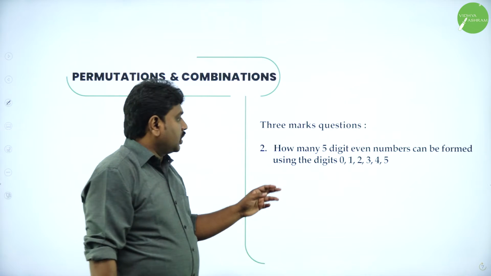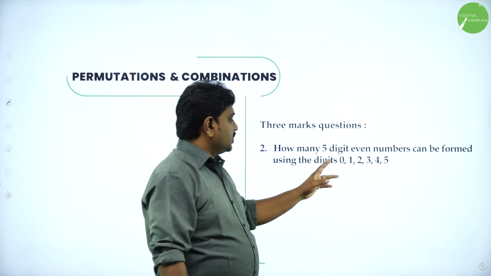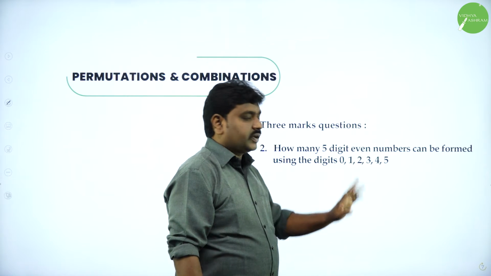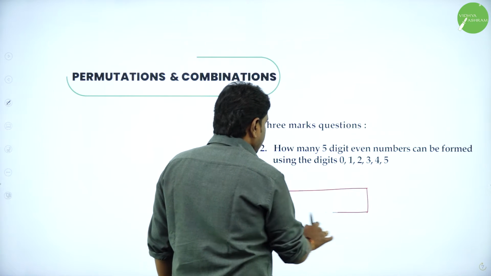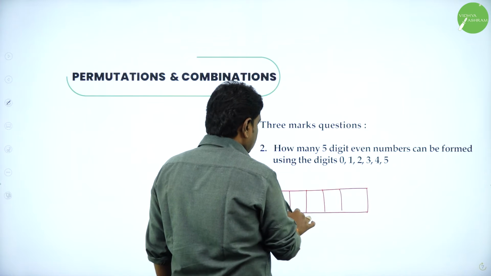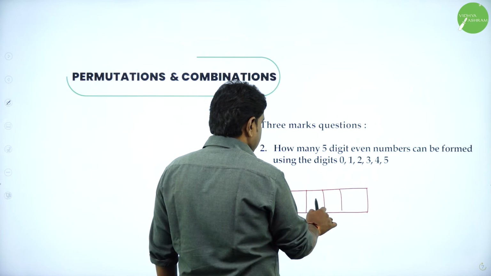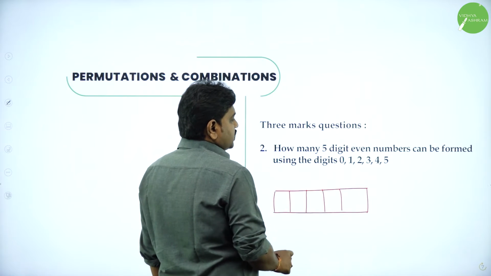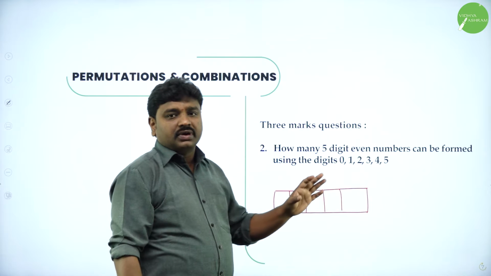Okay. Now, how many 5-digit even numbers can be formed from the digits 0, 1, 2, 3, 4, 5? So they want to form 5-digit even numbers. 5 places: units, tens, hundreds, thousands, 10,000. See, even number means it should end with an even number.